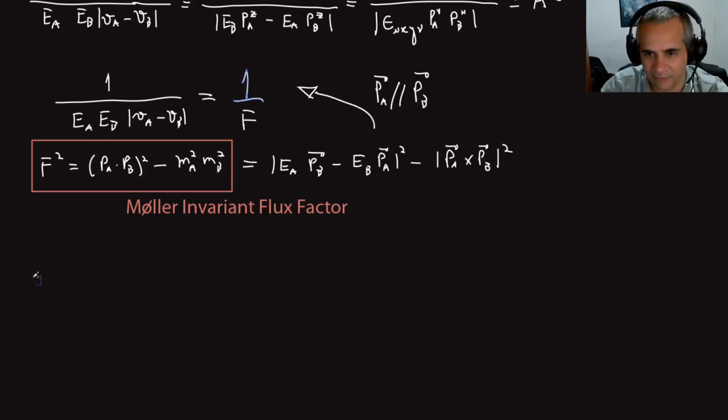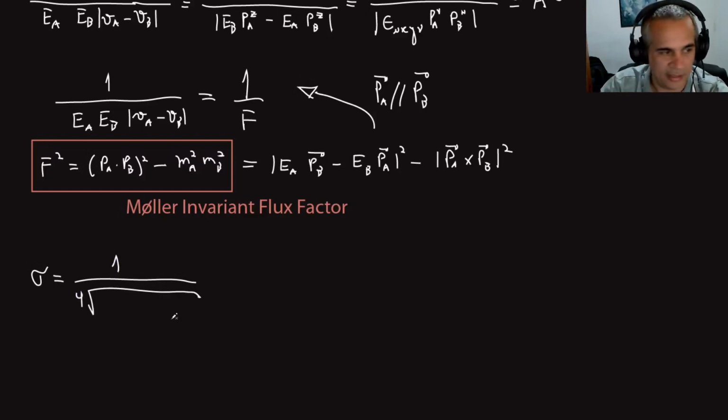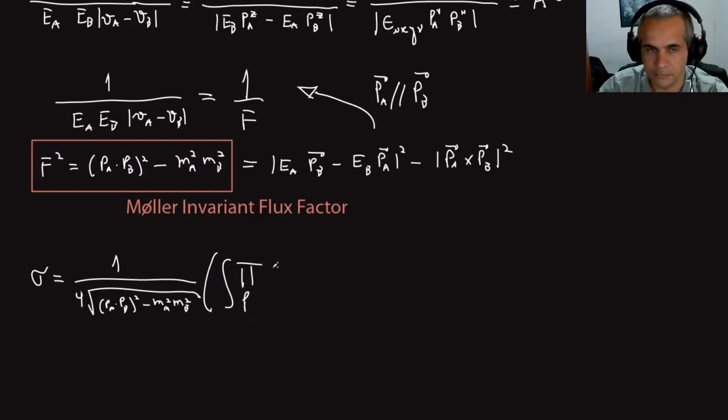So let me write the full cross-section, which is a Lorentz invariant, as 1 over 4, the Møller invariant flux sqrt((P_A · P_B)² minus M_A² M_B²), the n-body invariant phase space, the product of d³p_f over (2π)³ 2E_f, the matrix element.